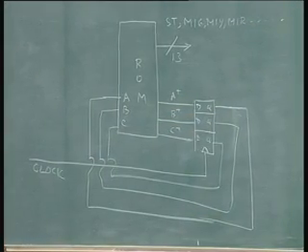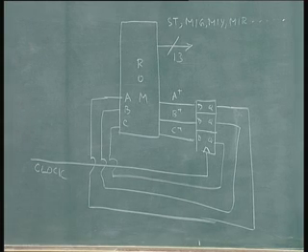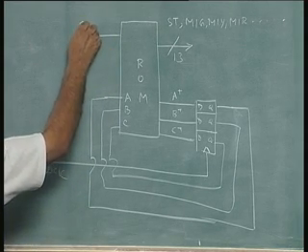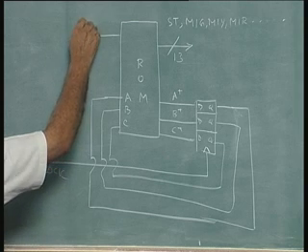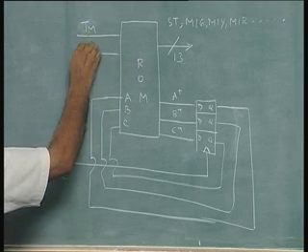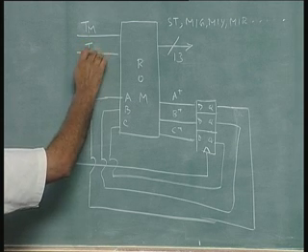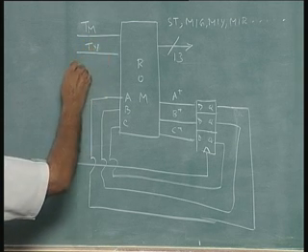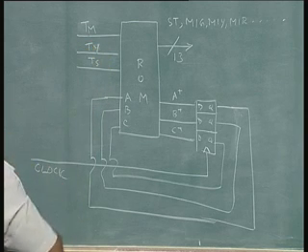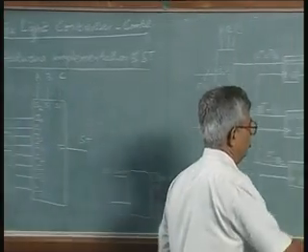all these outputs. How many inputs will be there here? The inputs will be Ts, Ty, Tm, S1, S2.